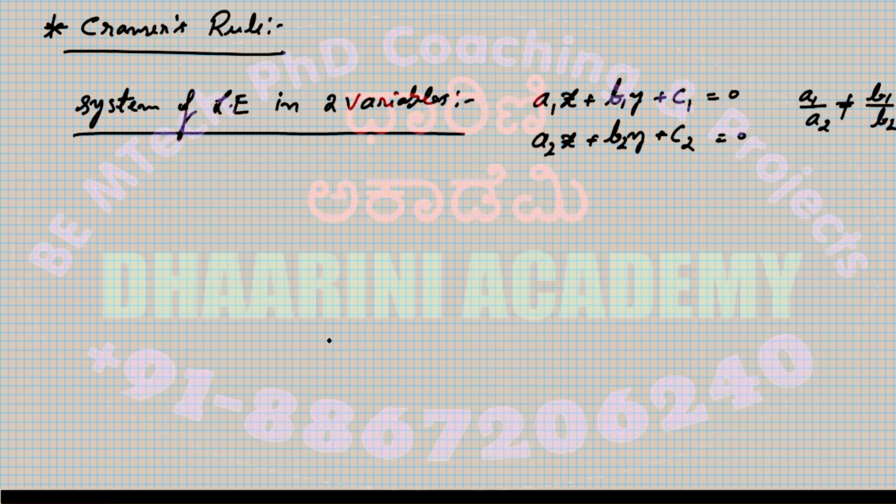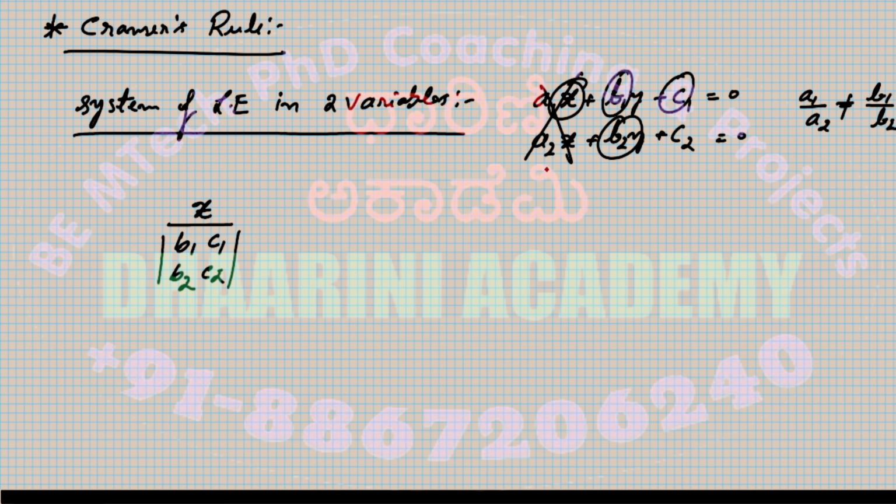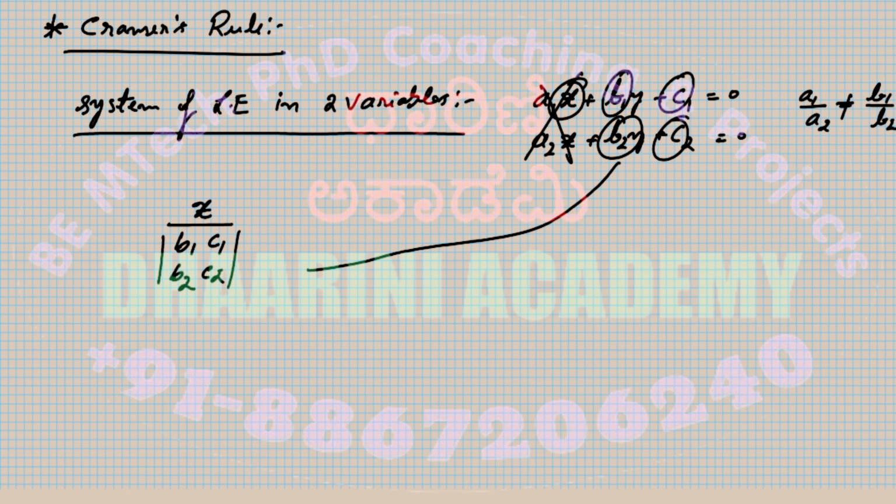Now, how to solve this? According to Cramer's rule, the equation is x divided by the determinant b1, c1, b2, c2. When you consider x, you remove its coefficients and only write the coefficients b1, c1, b2, c2 to get that determinant. That's the first term.